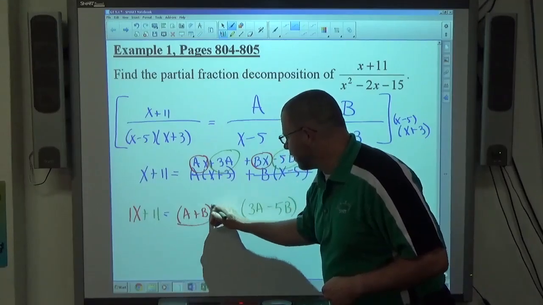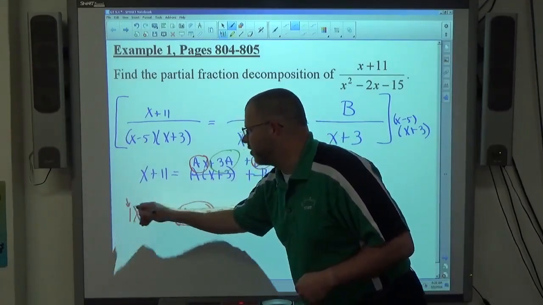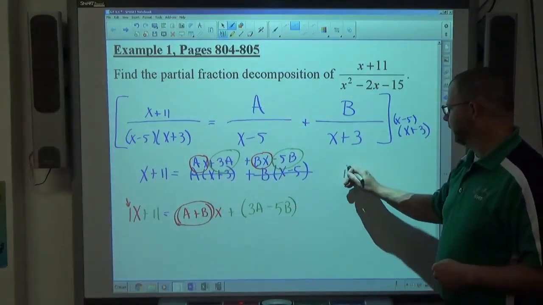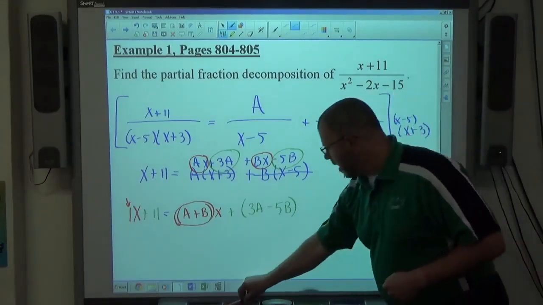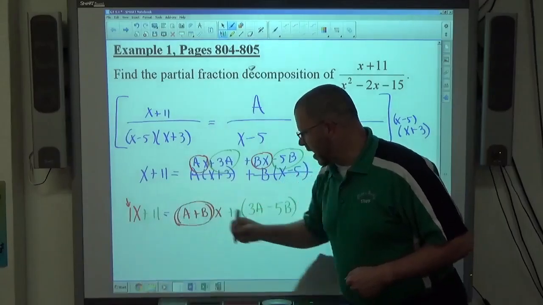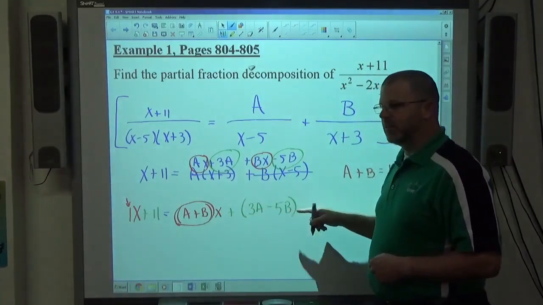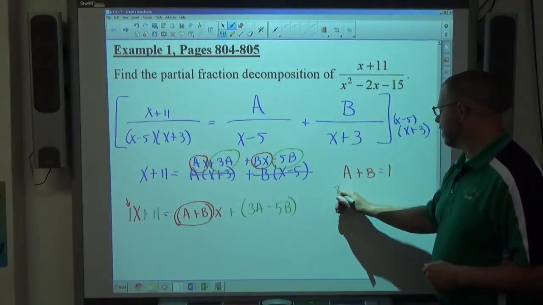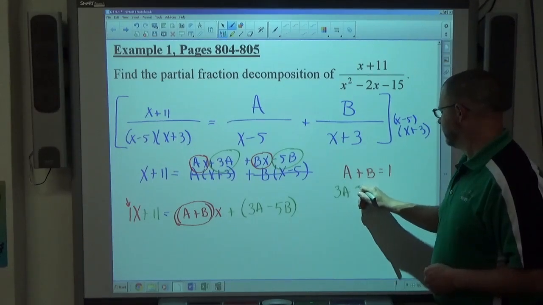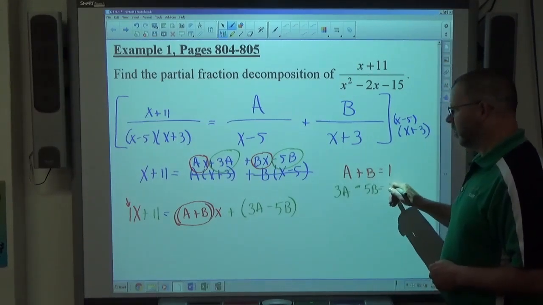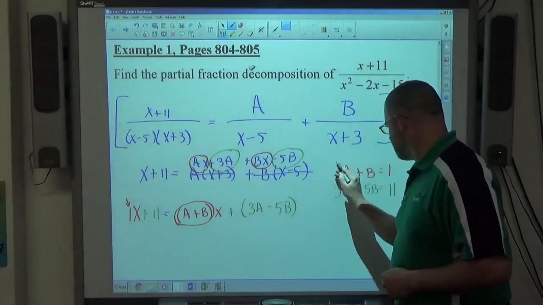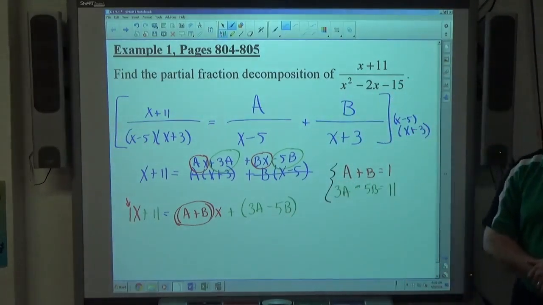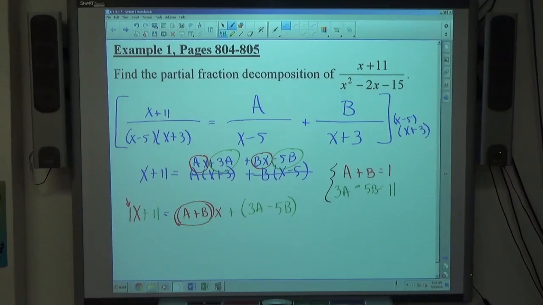A plus b is in front of x, just like 1 is in front of x, so a plus b must equal 1. And 11 is the constant, just like 3a minus 5b is the constant, so therefore 3a minus 5b must equal positive 11. And just like that, we got ourselves a system of two equations with two variables.